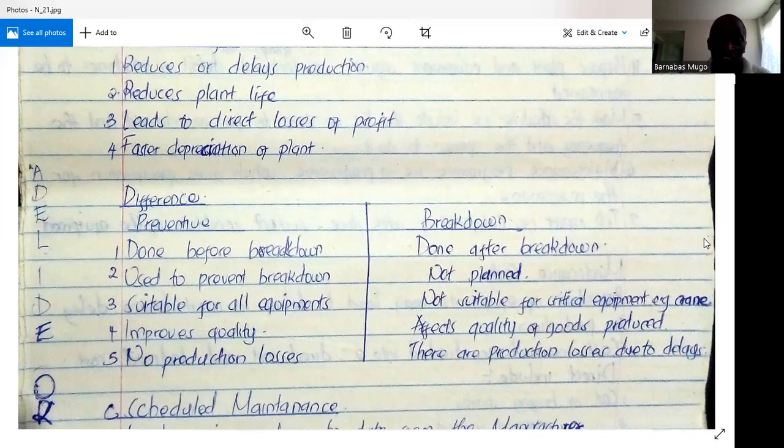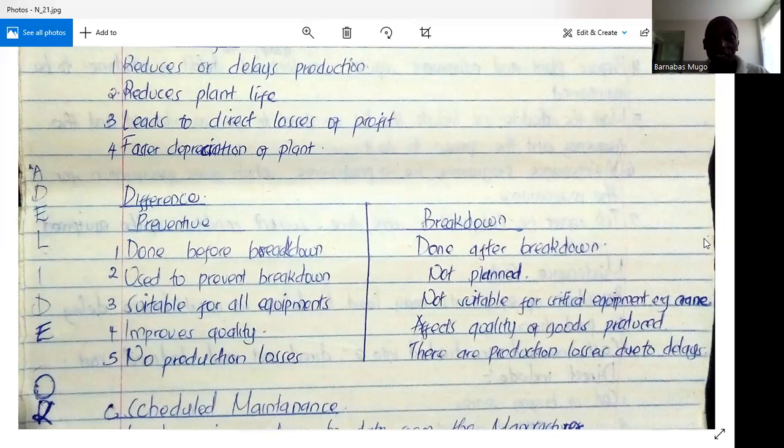Preventive maintenance is planned to prevent breakdown, while breakdown maintenance is not planned. We don't plan when to do breakdown maintenance because we maintain the plant the time that it has already broken down. The time that the machine breaks is the time that we maintain that machine.